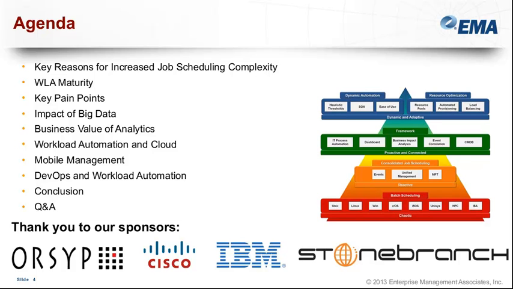So you can see at the very top is where we need to be in workload automation. And the results of this research study will really show us where exactly we are today and what are the most essential pain points and next steps that were identified by our peers, by your peers, obviously, to better leverage their workload automation software. The study itself will be available in early September.